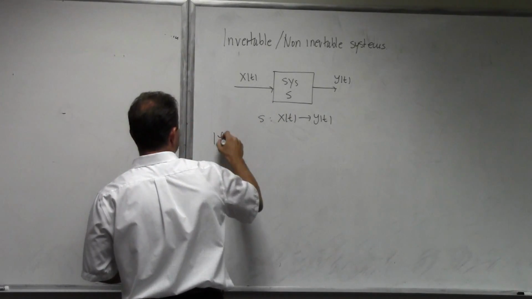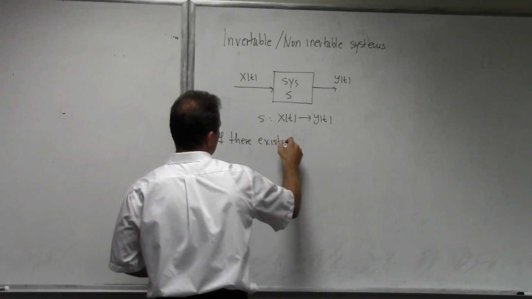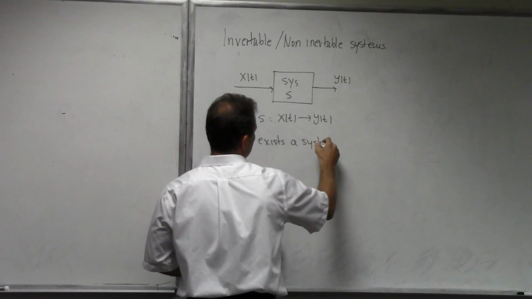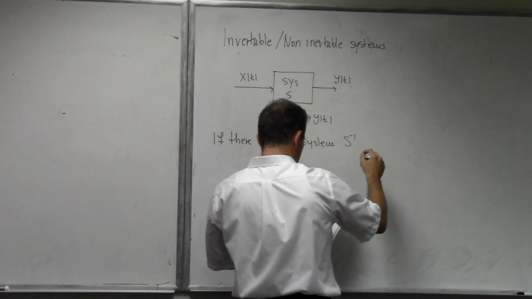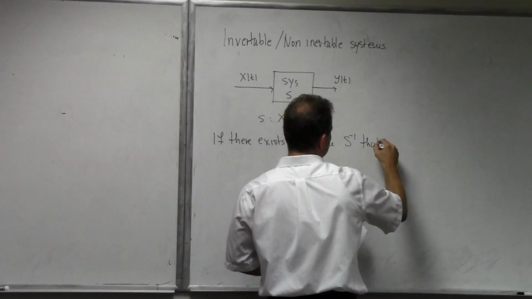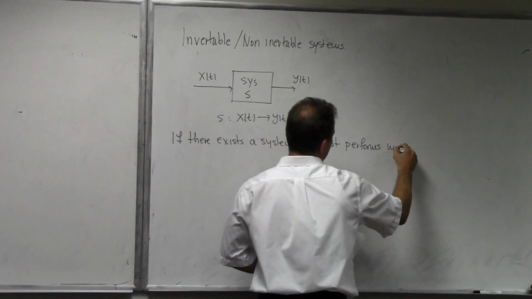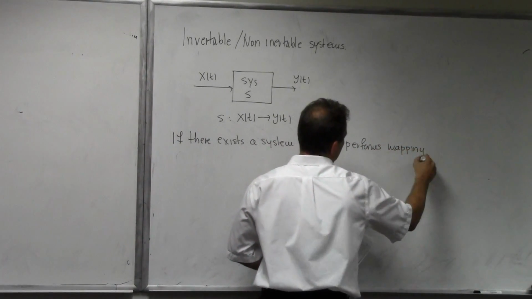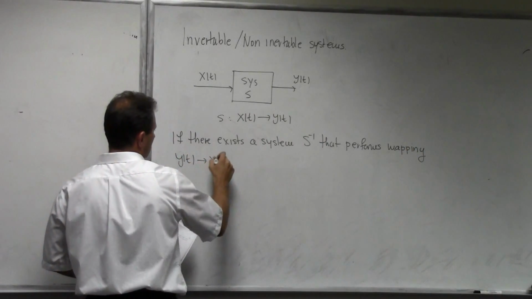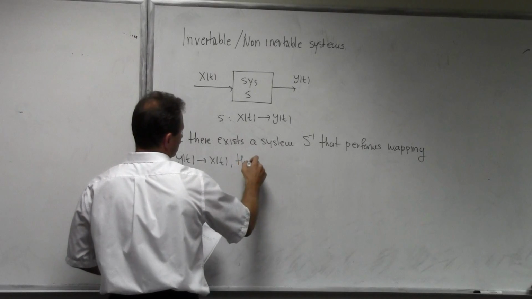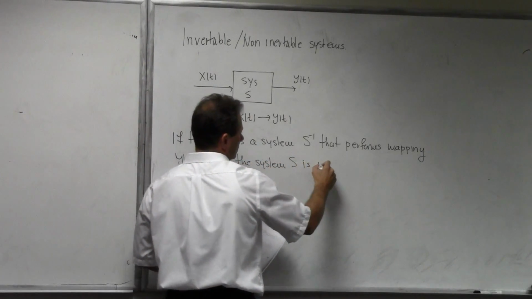If there exists a system S minus 1 that performs the mapping of y of t back to x of t, the system S is invertible.